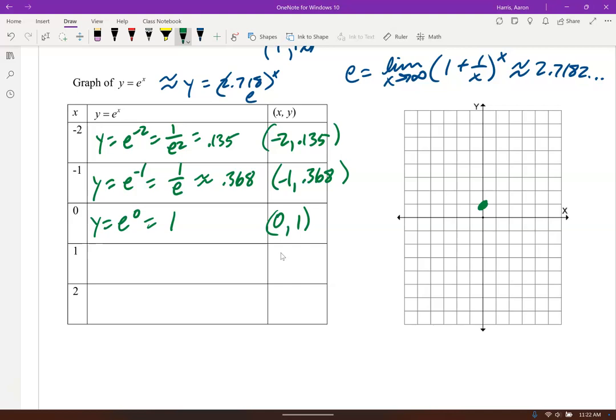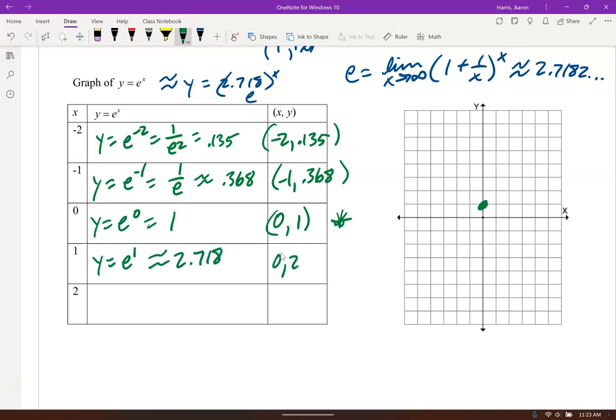That's a big point on there, because anytime you have b to the x, our first base was 2 to the x. This one's e to the x. You're going to have a y-intercept of 0, comma 1. Okay, that's an important point when you're thinking about the transformations. Let's move on here to 1. So e to the 1, so that's approximately 2.718.